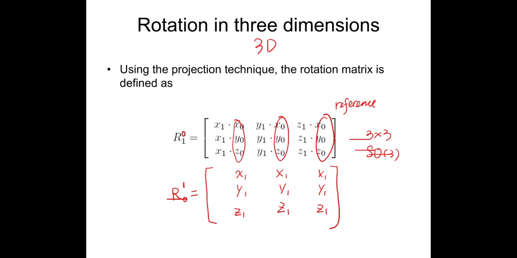And the 0 is going to be x0, x0, x0, and y0, y0, y0, and z0, z0, and z0. Sorry, this should be z0. And all of these are dot products.